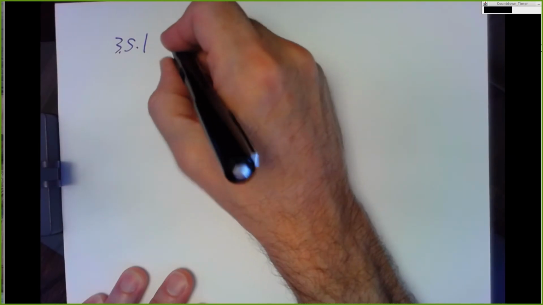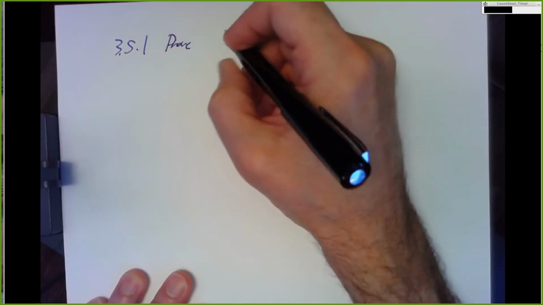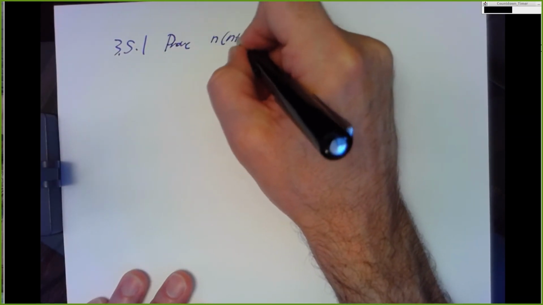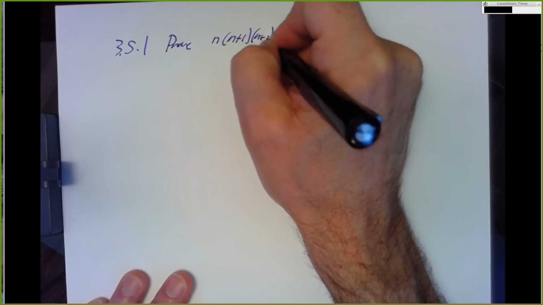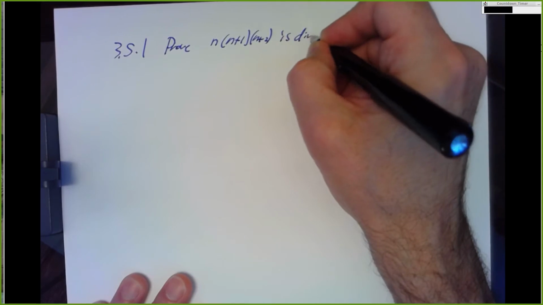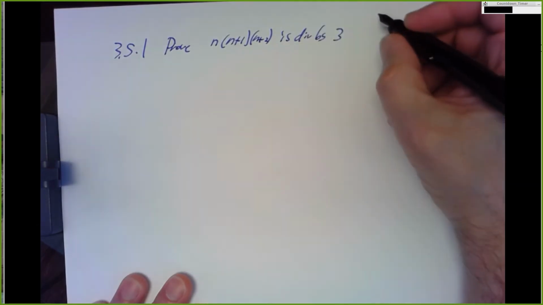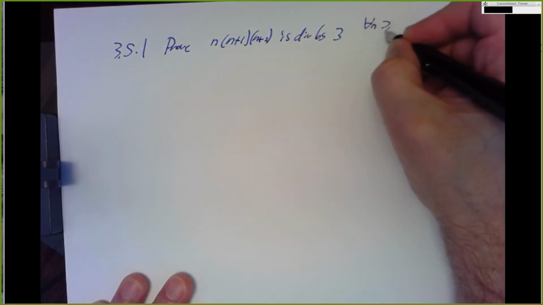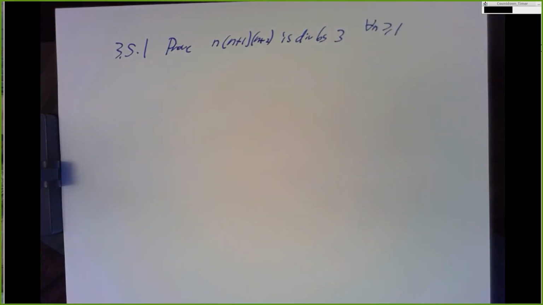All right, so 351, prove n times n plus 1 times n plus 2 is divisible by 3 for all n bigger than or equal to 1, using mathematical induction.